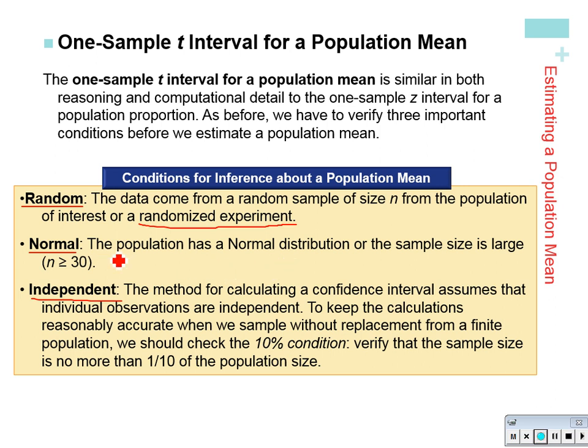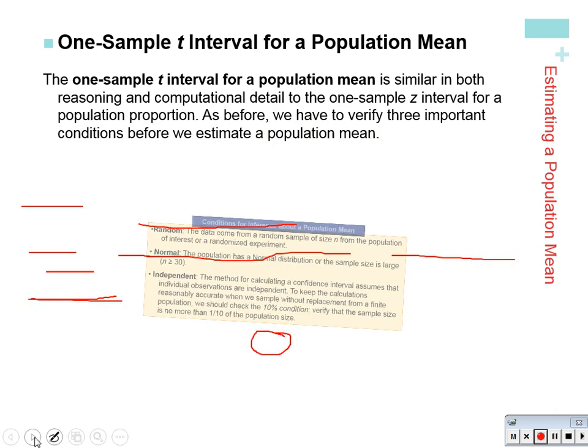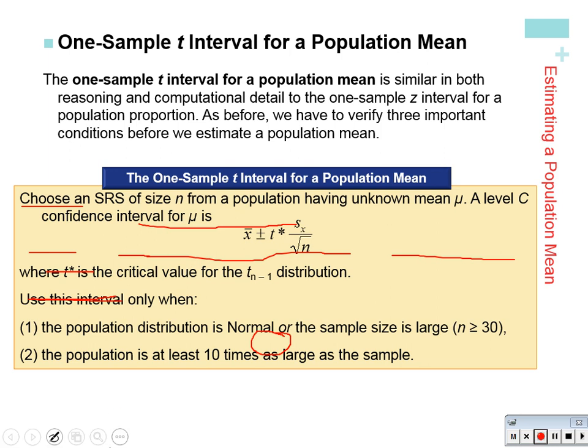One is that if the population has a normal distribution, then you can assume the sampling distribution is normal. Or if the population distribution is not normal, meaning it's skewed left or skewed right, or it's unknown, as long as the sample size is 30 or more, we can assume the normal condition is met. And then independence: when you're sampling without replacement, which in most cases you will be, the 10% condition needs to be met in order for the confidence interval to be computed.